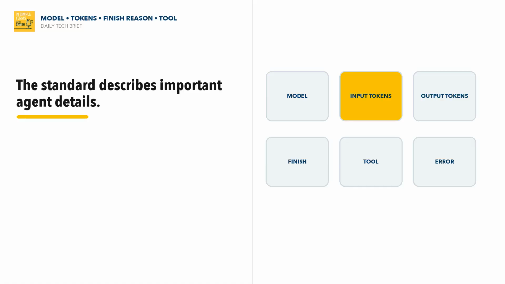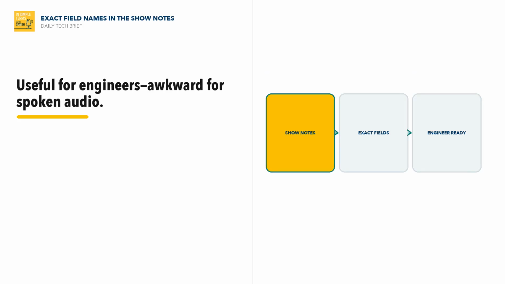The idea is simple. One field for the requested model, one field for input tokens, one for output tokens, one for finish reason, and one for the tool name. I will keep the exact field names in the show notes because they are useful for engineers, but they are not great to hear as audio.